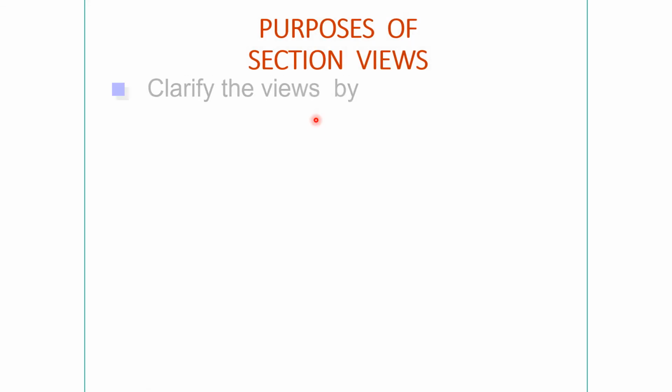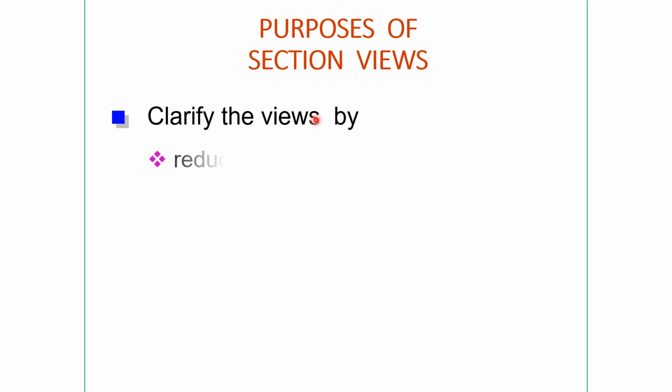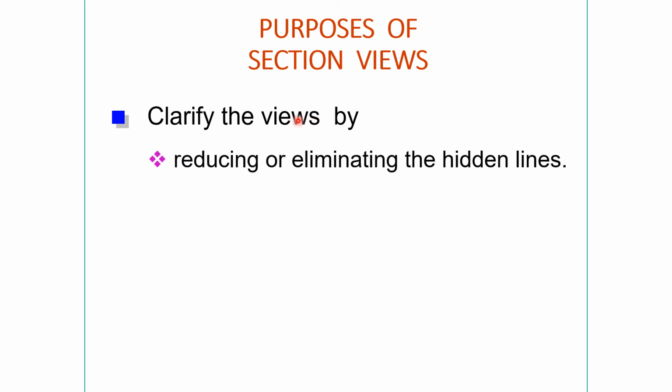Purpose of section views: clarify the views by the inner details, like reducing or eliminating the hidden lines. When we cut this section, we are already on the inner side of the object, so we do not need to draw the hidden lines because we are seeing the cut view.